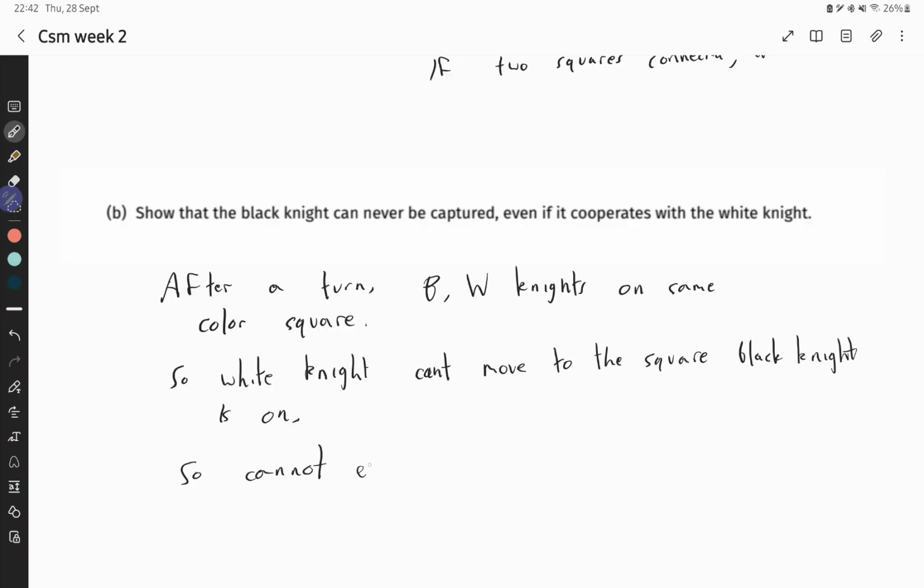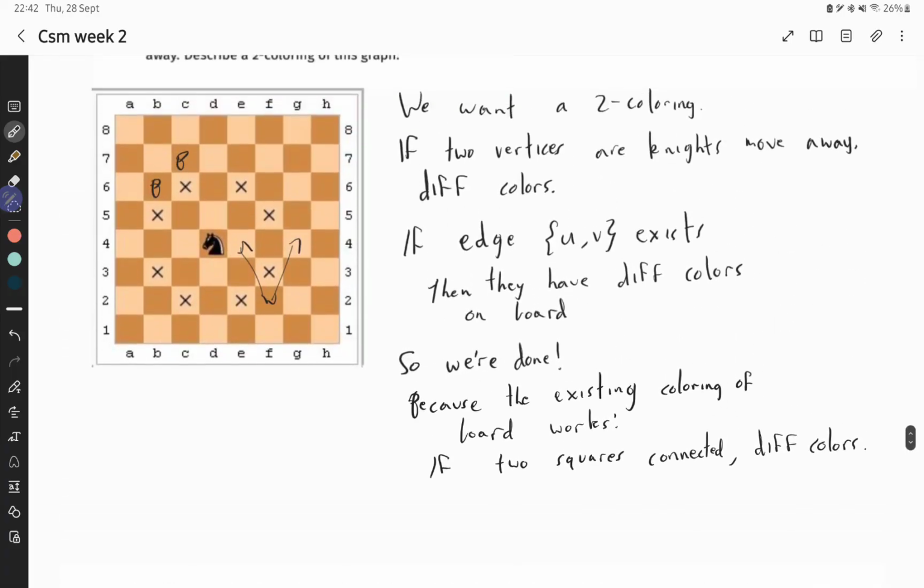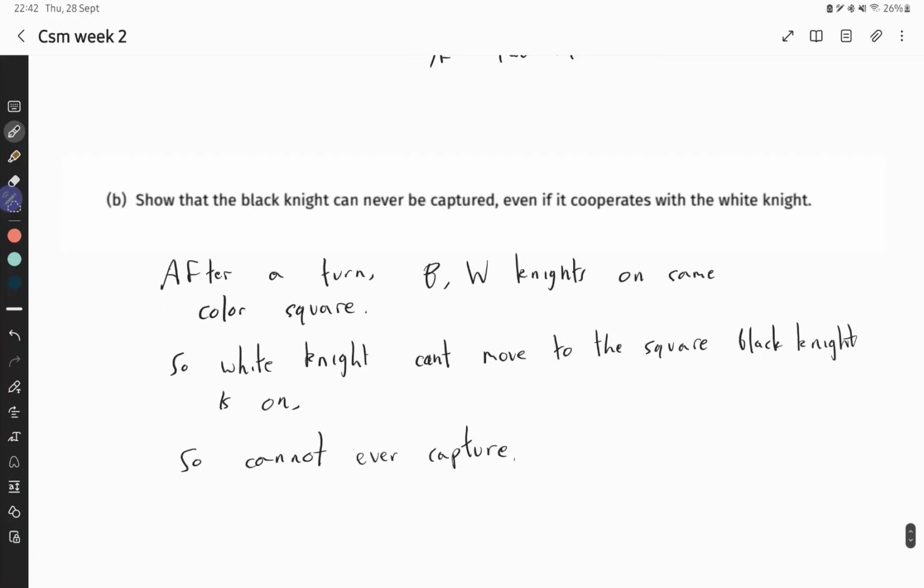So it cannot ever capture. And this is just a fact about the structure of the chessboard graph that we imagined in this question. It doesn't matter what strategies they're both playing, or whether one's an excellent player or whether one's a terrible player. It is just an inherent fact that falls out of the structure of the graph.